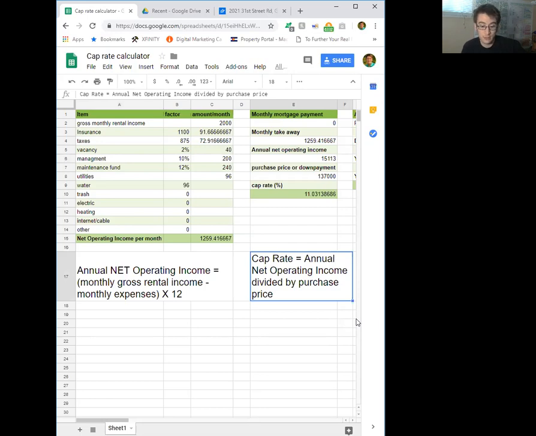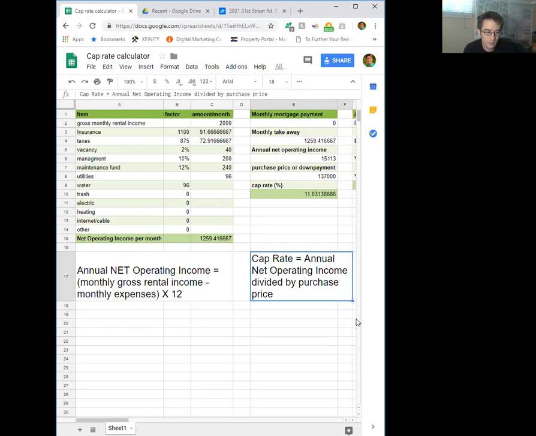The further away you get from downtown, the higher the cap rates usually are. That indicates a riskier investment, because in theory it could be harder to rent out those properties.